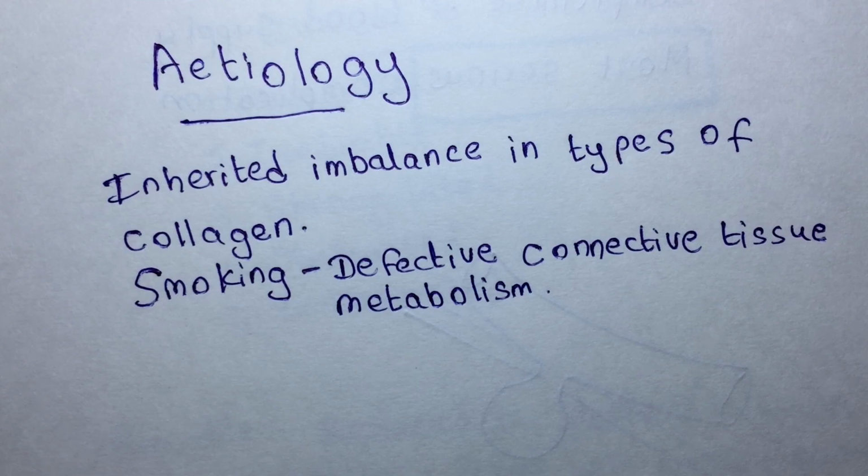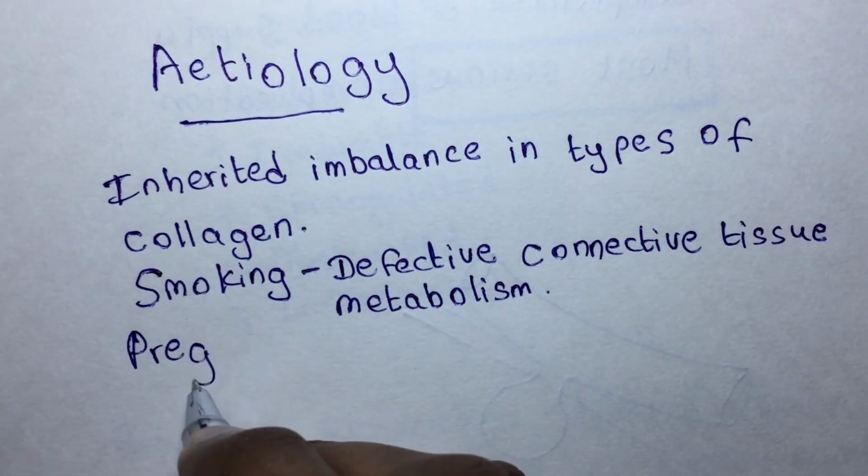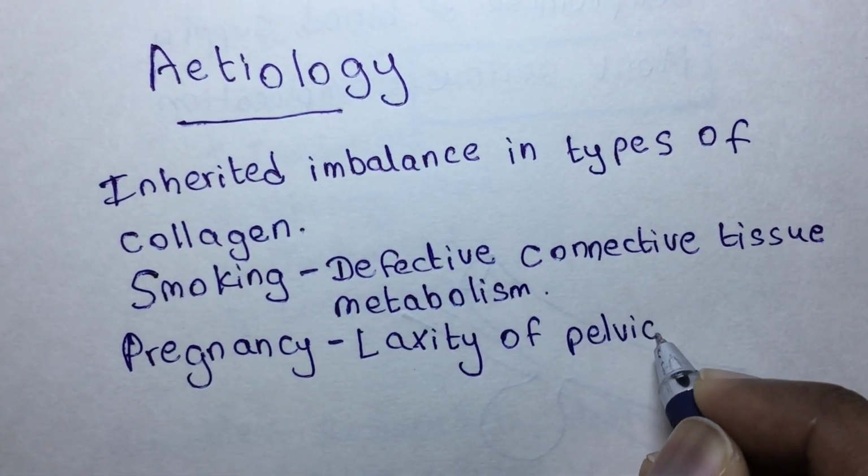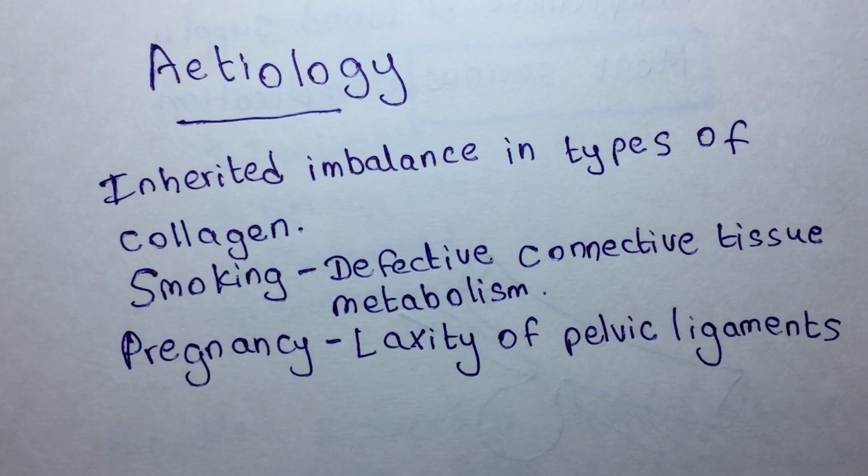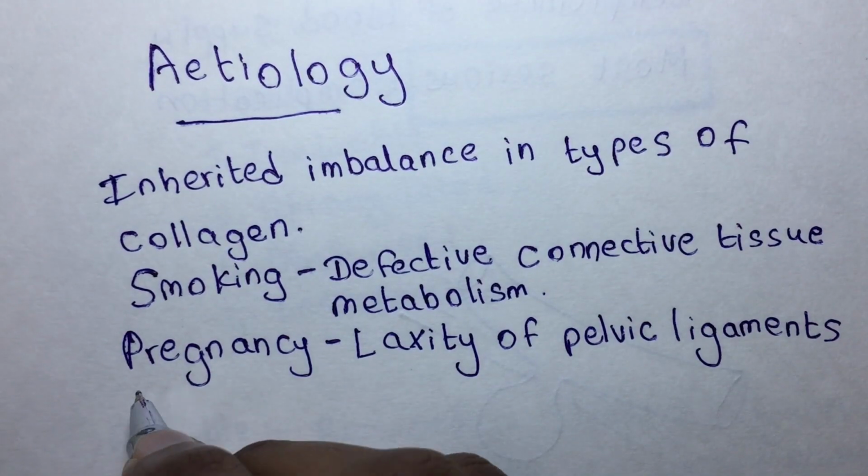Hernias are more common in pregnancy due to the laxity of pelvic ligaments due to hormones. Hernias are common in the elderly because of degenerative weakness of muscle and fibrous tissue.